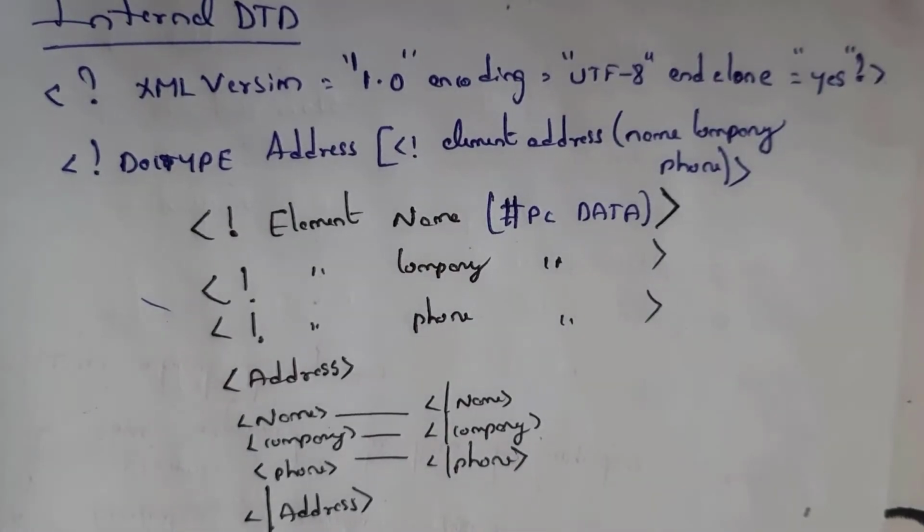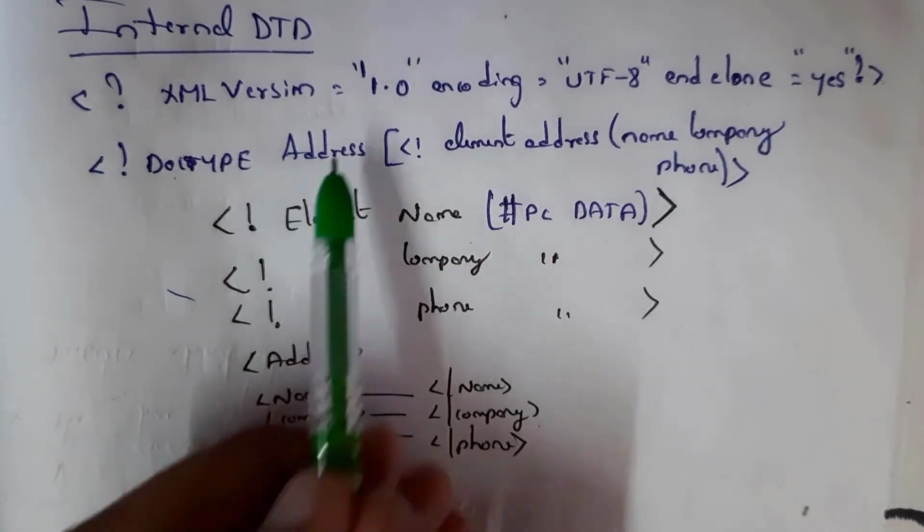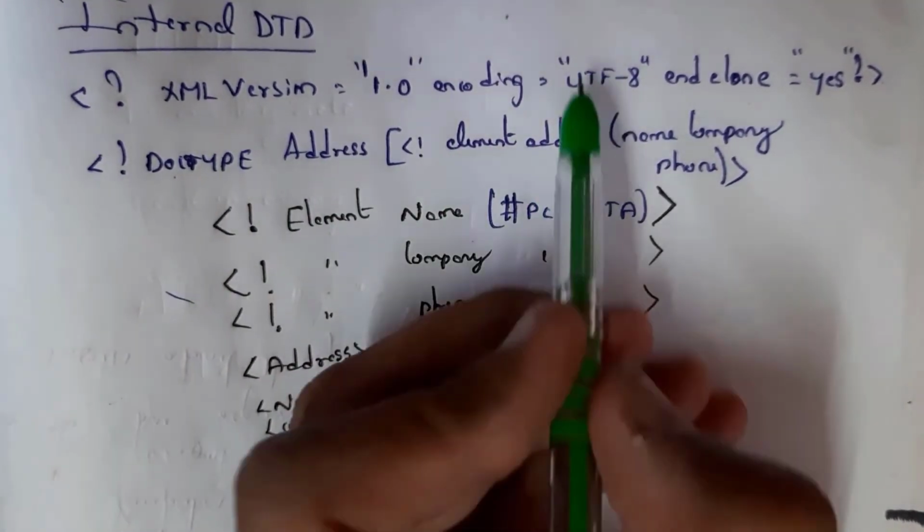See, this is a small program of internal data type definition. See, a document type address contains element address.